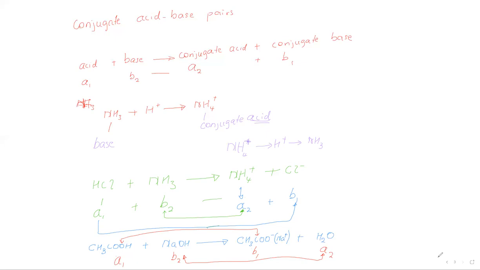Now, let's have a look at kinds of acids. I said hydrochloric acid, sulfuric acid, nitric acid. These are strong acids because they are eager to give a proton or dissociate completely.